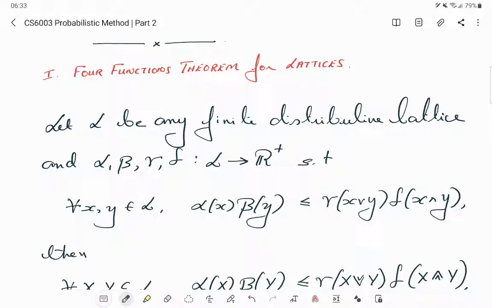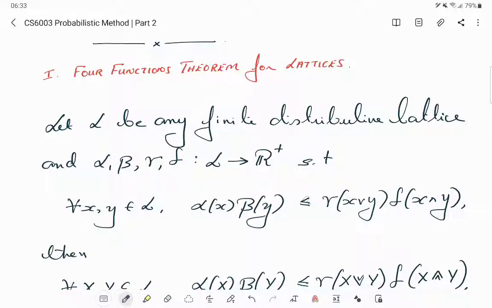Now remember, in the original four functions theorem, this was the union and this was the intersection. Since they were elements of the power set, they were actually sets, and hence under the lattice isomorphism from L to the power set, the join operator gets mapped to the union, and the meet operator gets mapped to the intersection.